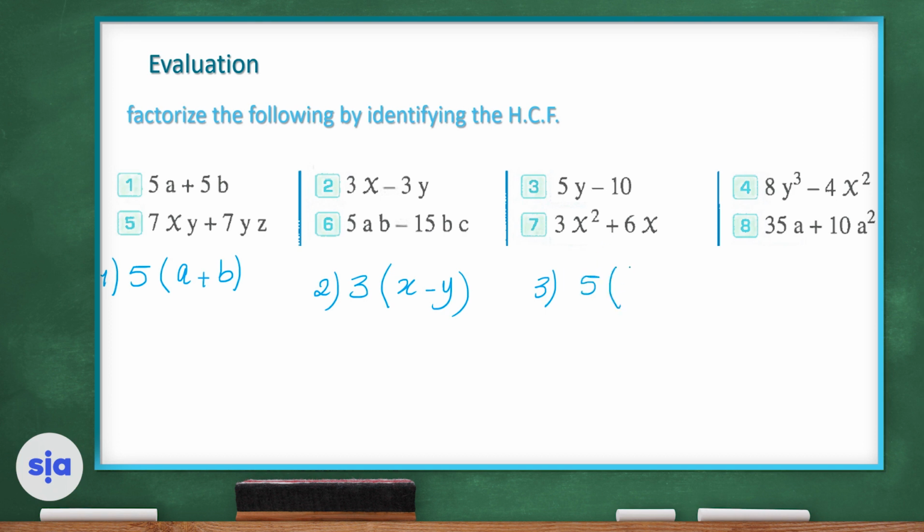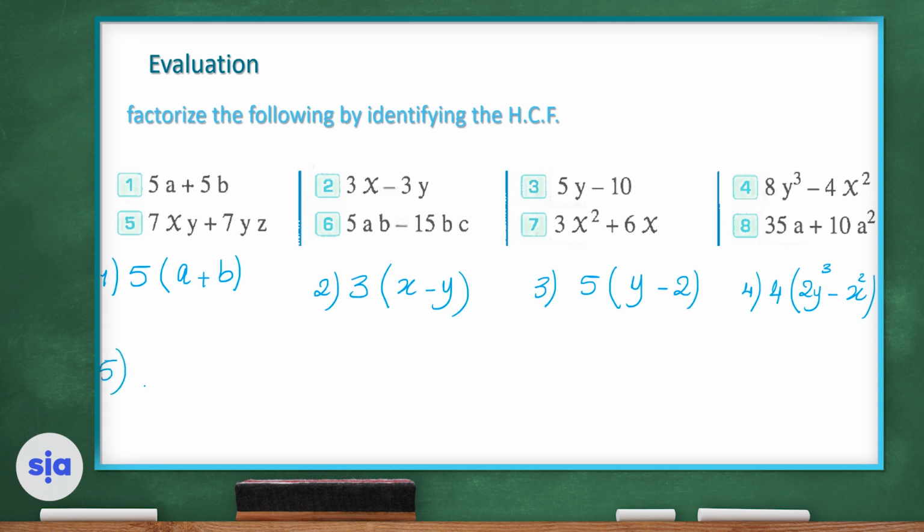To factorize it, we divide the 5y by 5, so it's y. We divide the 10 by 5, so it is 2. Question 4. The HCF is 4. So to factorize this, 8y cubed over 4 is 2y cubed minus 4x squared divided by 4 is x squared.